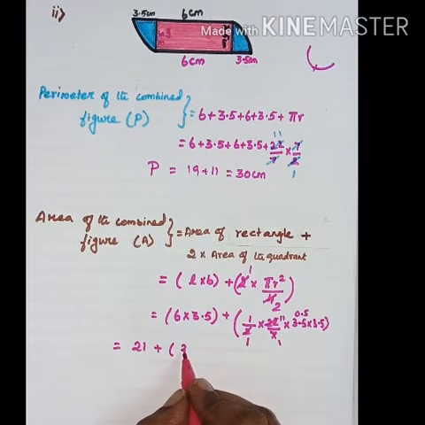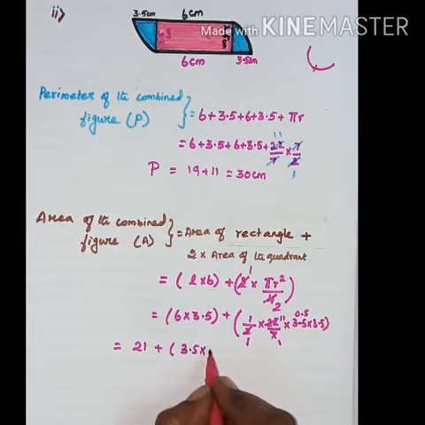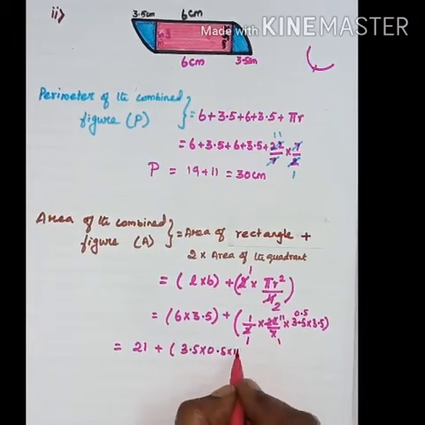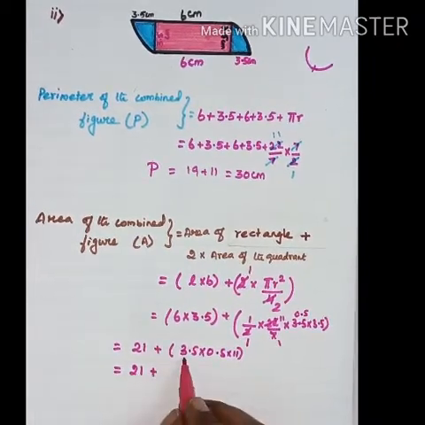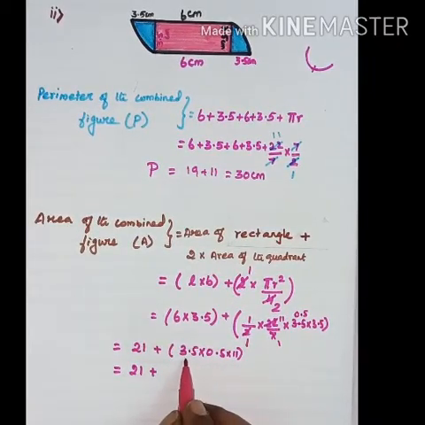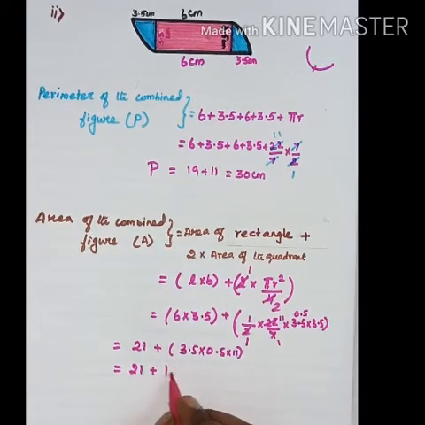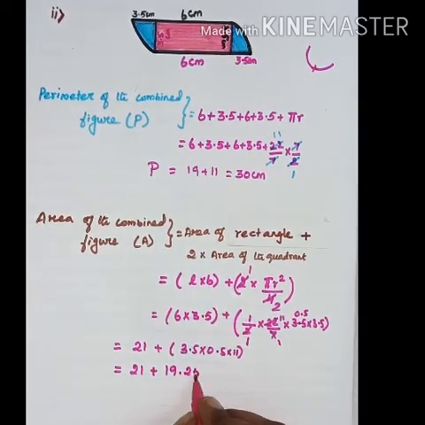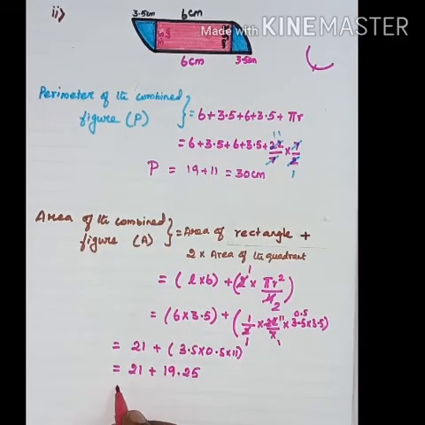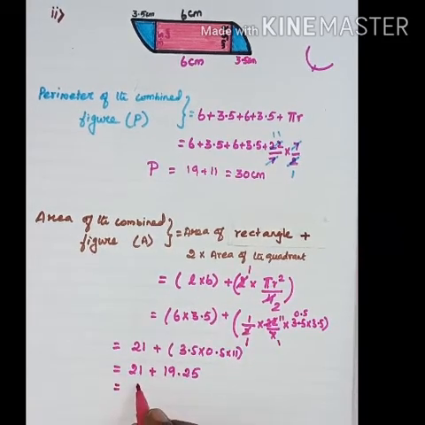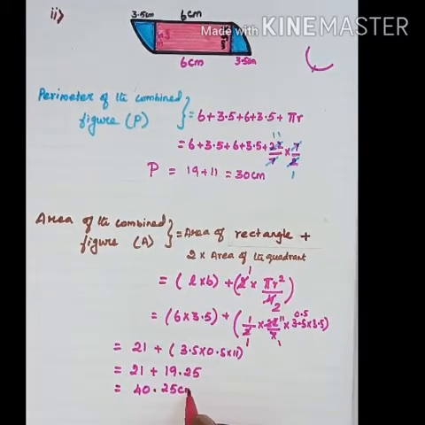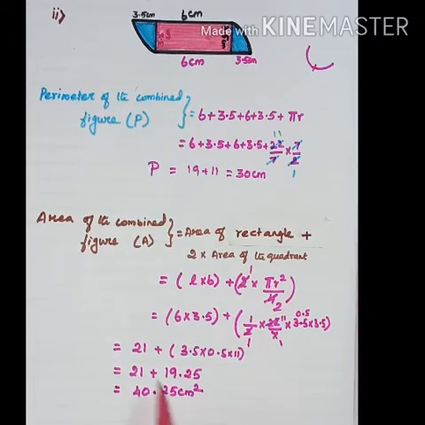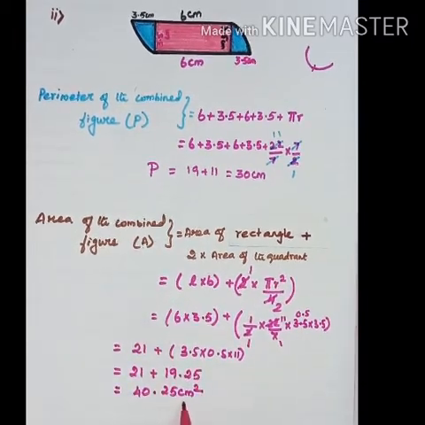So 3.5 into 0.5 into 11. 21 plus the multiplication of these three terms is equal to 19.25, which is nothing but 40.25 centimeter square area. So we have to put square centimeter.